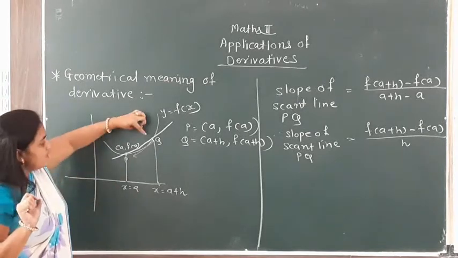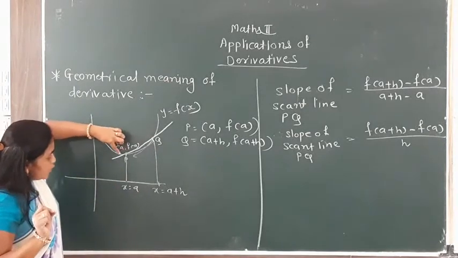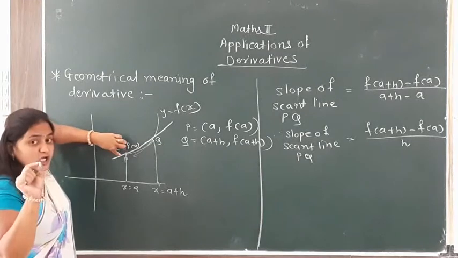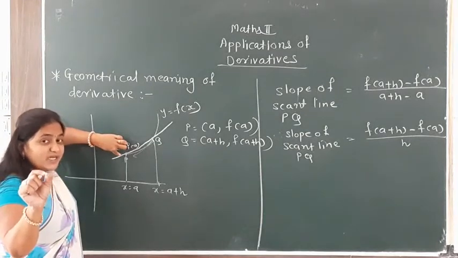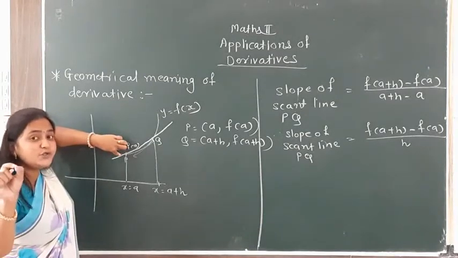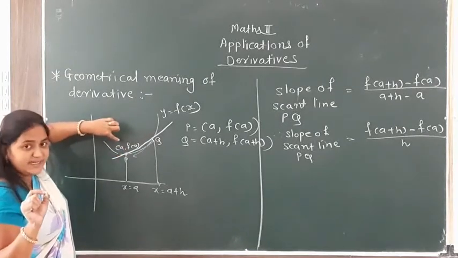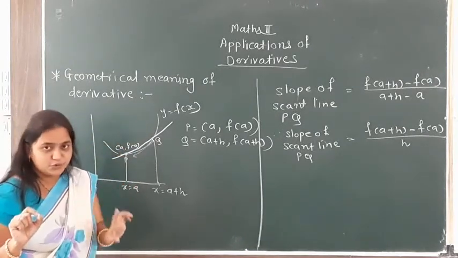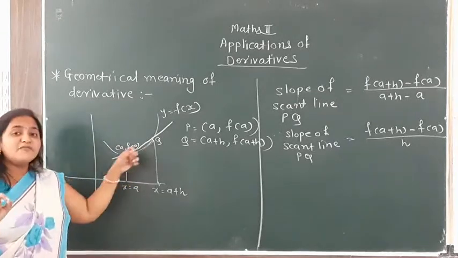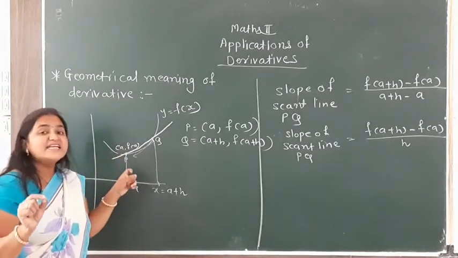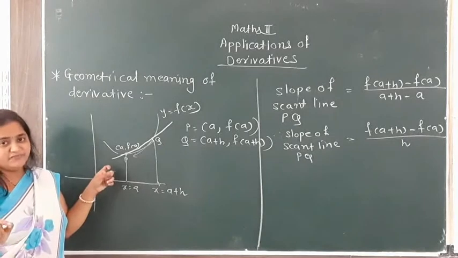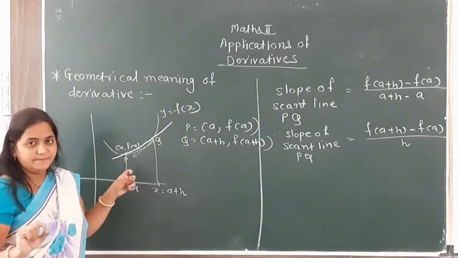So when Q approaches P, the limiting position of secant PQ is called the tangent to the curve at point P, at x is equal to a, and the slope of the tangent at point P is called the gradient of the curve at P.